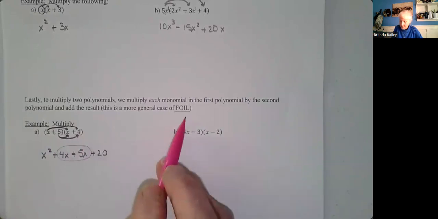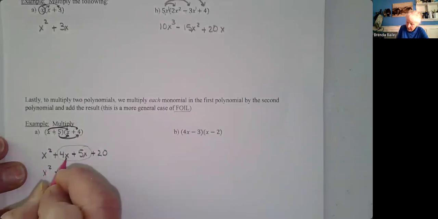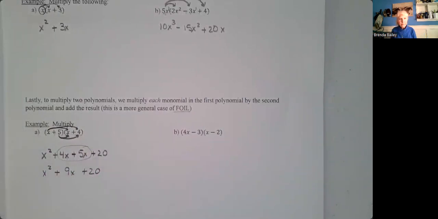That's actually the O and the I in FOIL. So that gives us x squared plus 4x and 5x is 9x. And you do need to finish it. You get 20. So that is using the distributive property twice. Sometimes you can do it 3 times, all depends on how many terms you have in each of your parentheses.